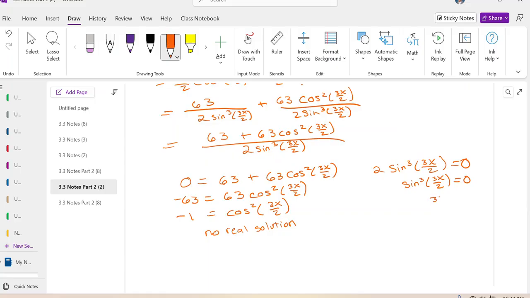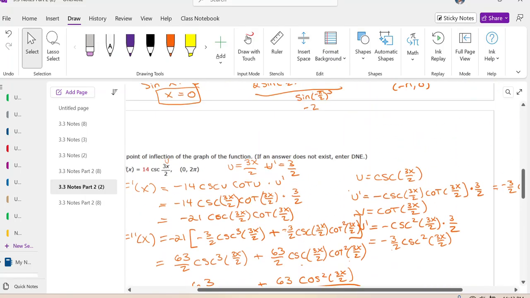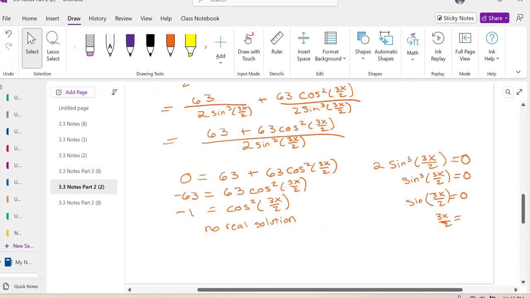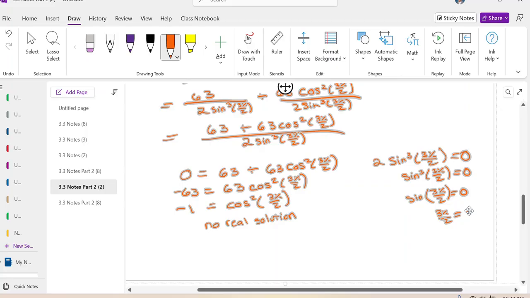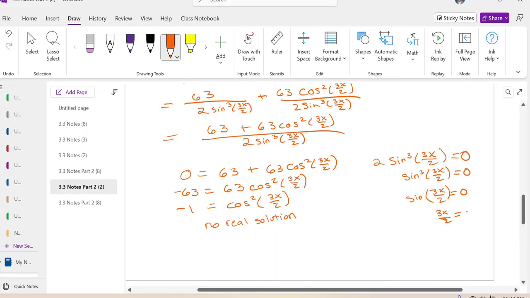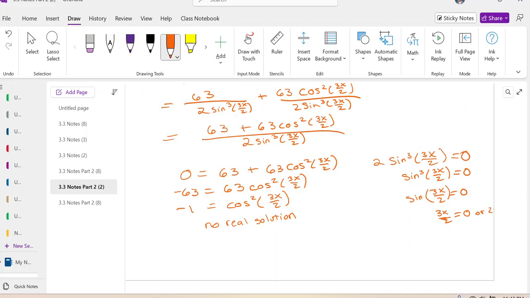So sine 3x over 2 would equal 0, which means 3x over 2 would equal, if you're talking about an interval between 0 and 2 pi, 0 or 2 pi, which neither one are in the interval.